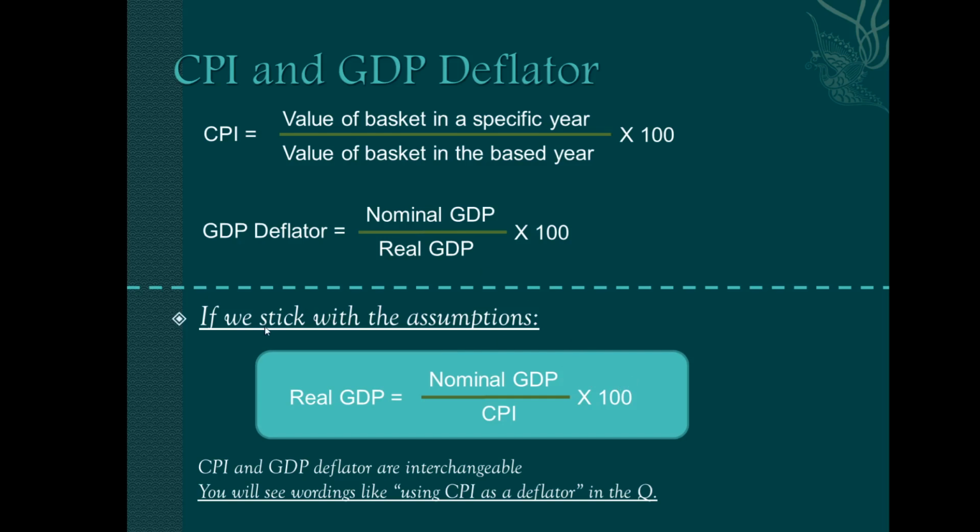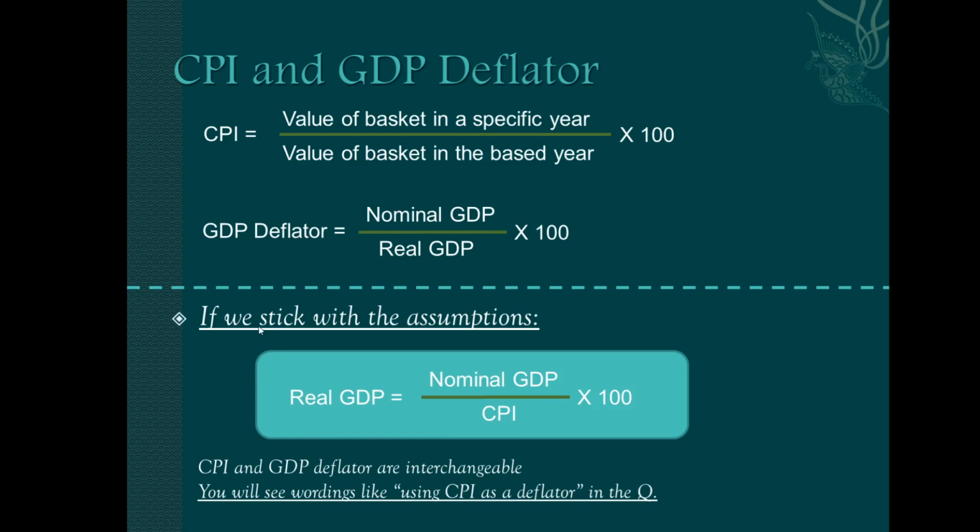If we stick with the assumptions, those two can be interchangeable, and that's why you can just put CPI in here, and you put real GDP back here and then CPI back here. So at the end, you will see this equation right here. When you have the data of CPI and you have the data for nominal GDP, then you will be able to find real GDP.